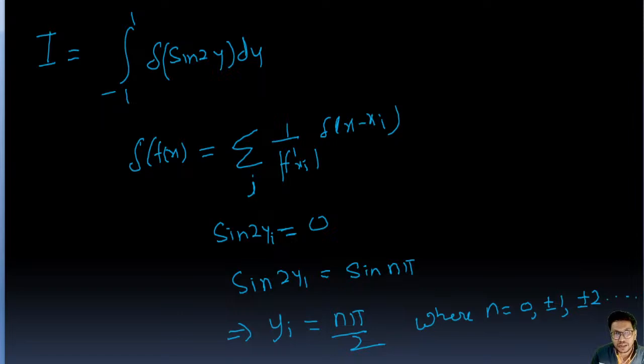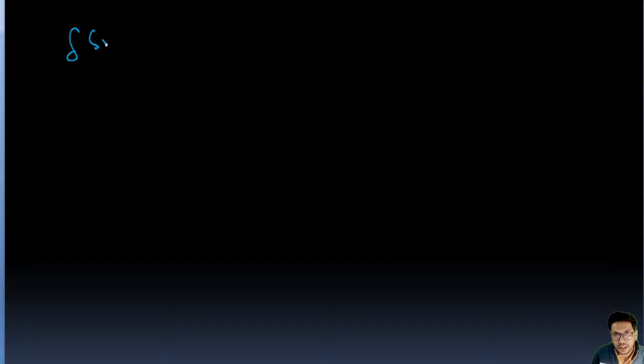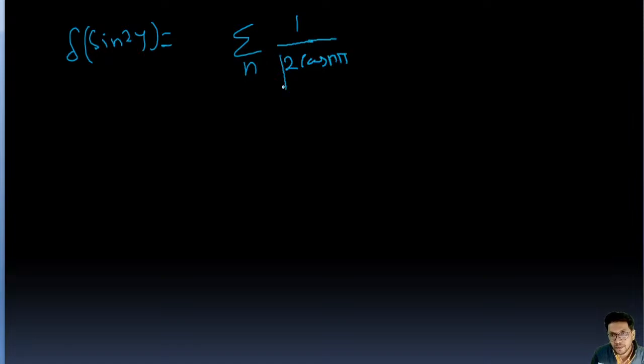The value of delta sine 2y is going to be sigma n, 1 upon the differential of sine 2y, which is 2 cos n pi mod, and delta y minus yi.